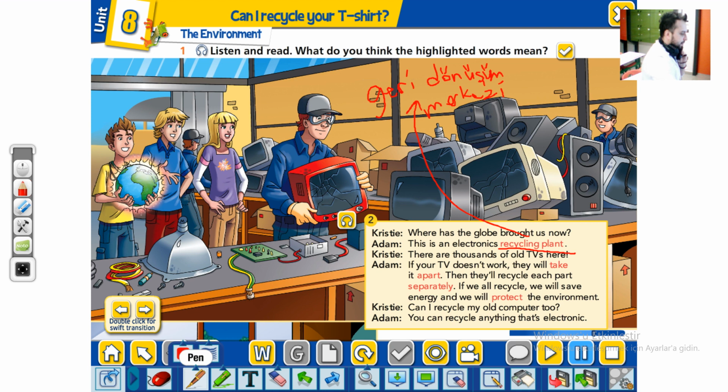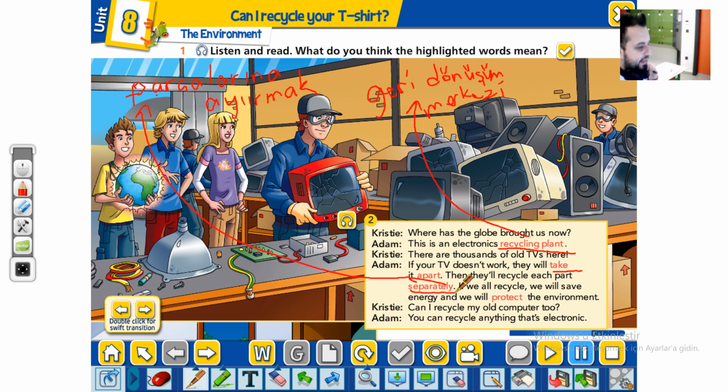Okay, now we have learned some words again. Take apart. Take apart means to separate something from another thing. Yani parçalarını ayırmak şeklinde kullanıyoruz arkadaşlar. Take apart. Şuraya yazayım. Parçalarına ayırmak. And separately.